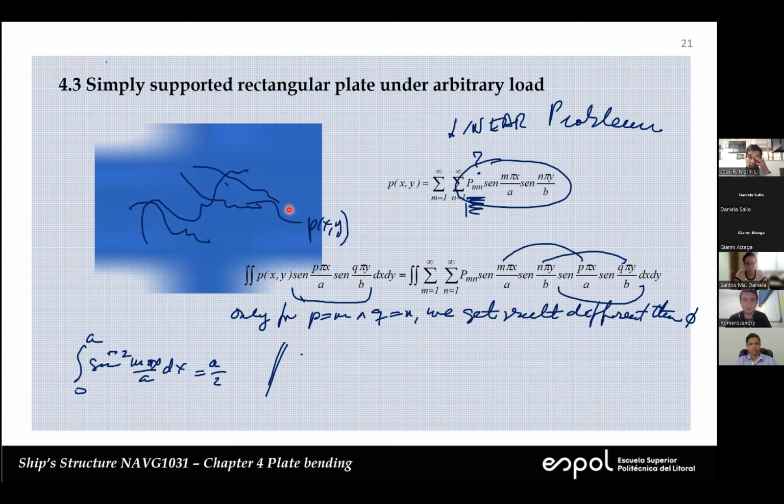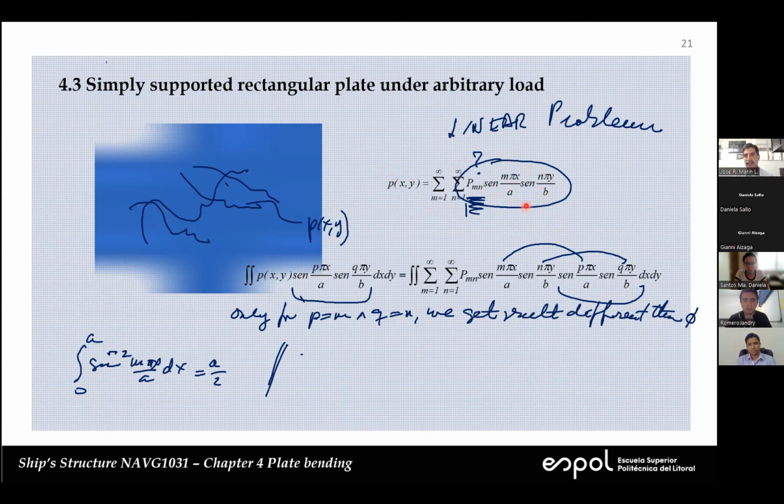So what we do is we express this function with a sinusoidal series. Since this is a 2D problem, we have two series, one in x and one in y, they're combined.